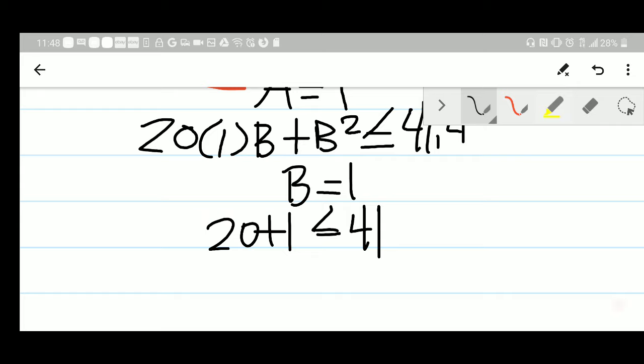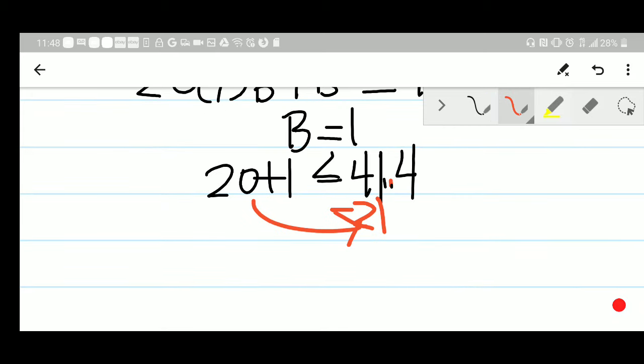So we go back, subtract 21. Okay, that's 41.4. So this is 4, and this is 0, 20.4.